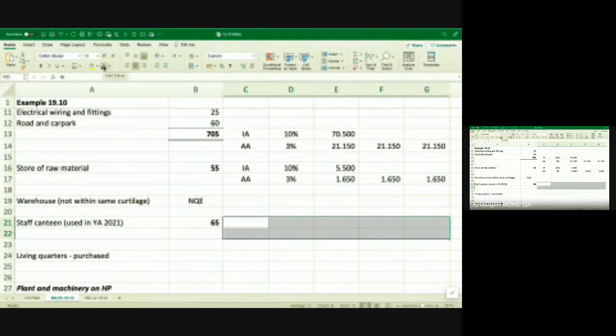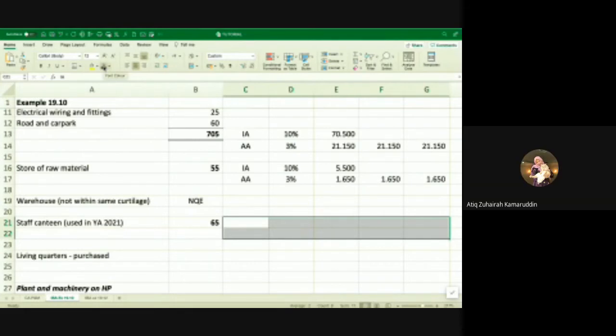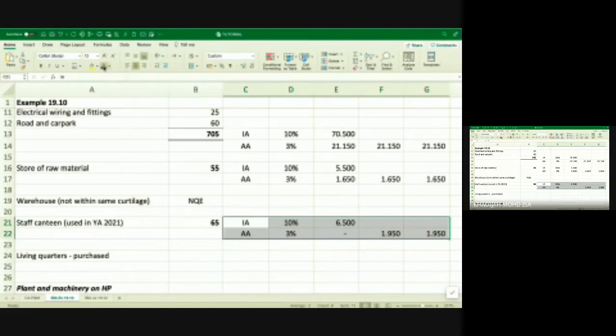Why can you claim initial allowance? Because it is used or about to be used. Yes, you incur it and the canteen is used or about to be used in 2021. So for 2020 you can claim the initial allowance only, but for the annual allowance you must use the asset. That's why annual allowance can only be claimed in YA 2021 onwards.